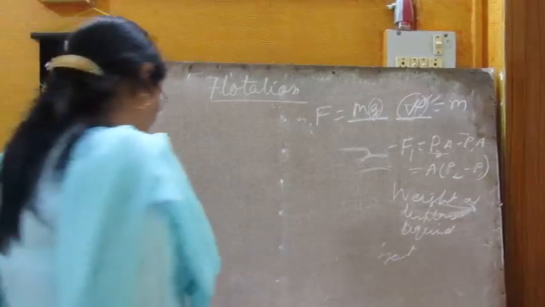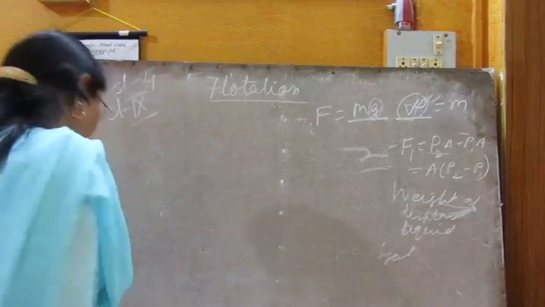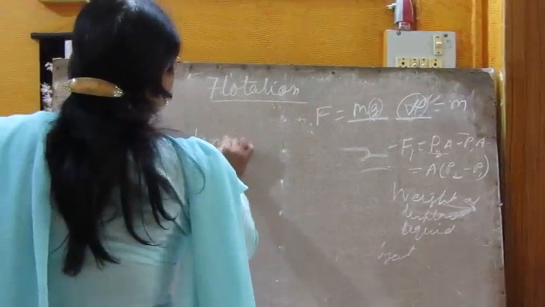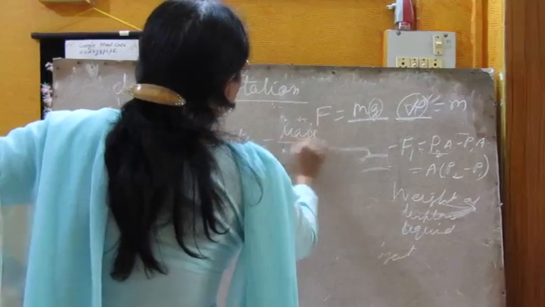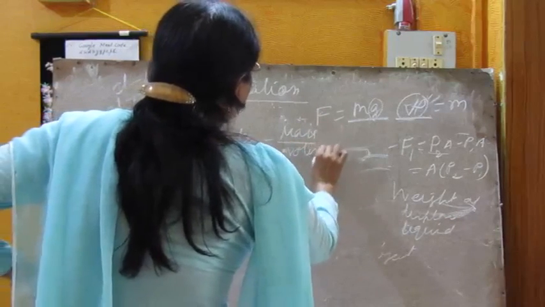Now density and relative density. What is called density? Density is equal to mass by volume.